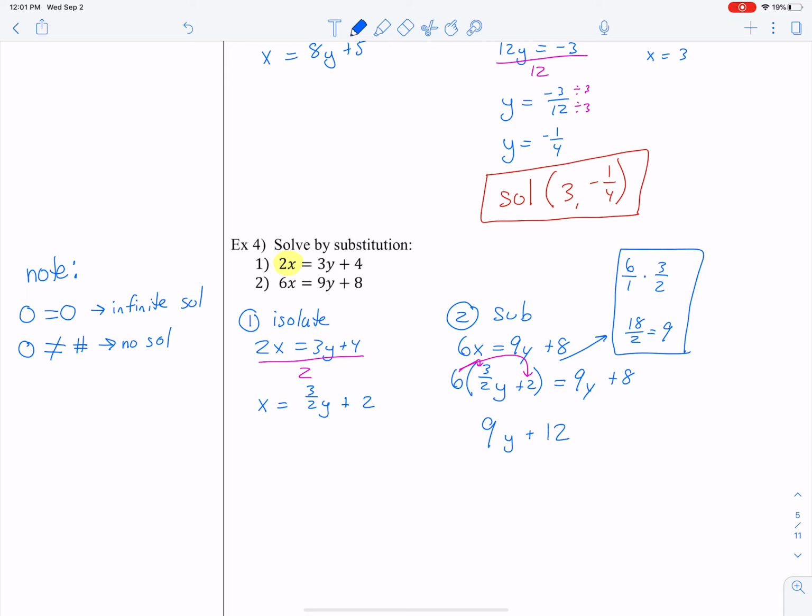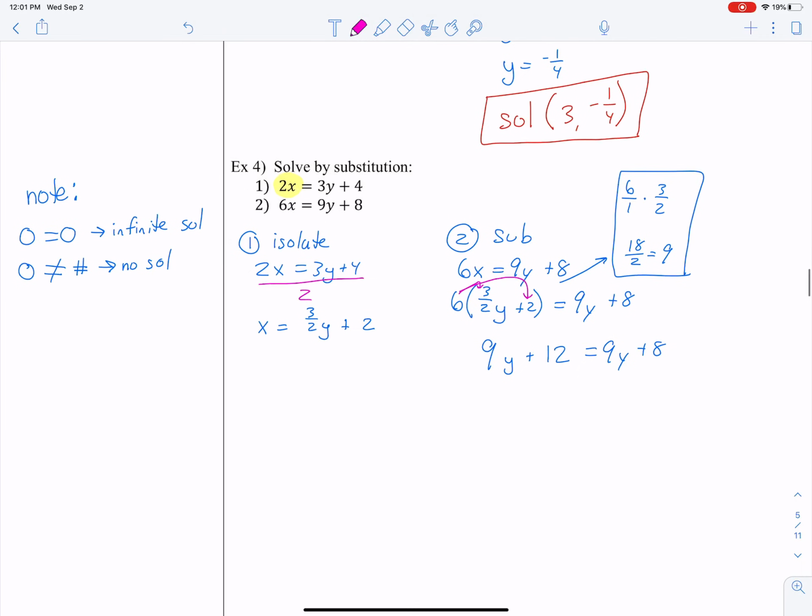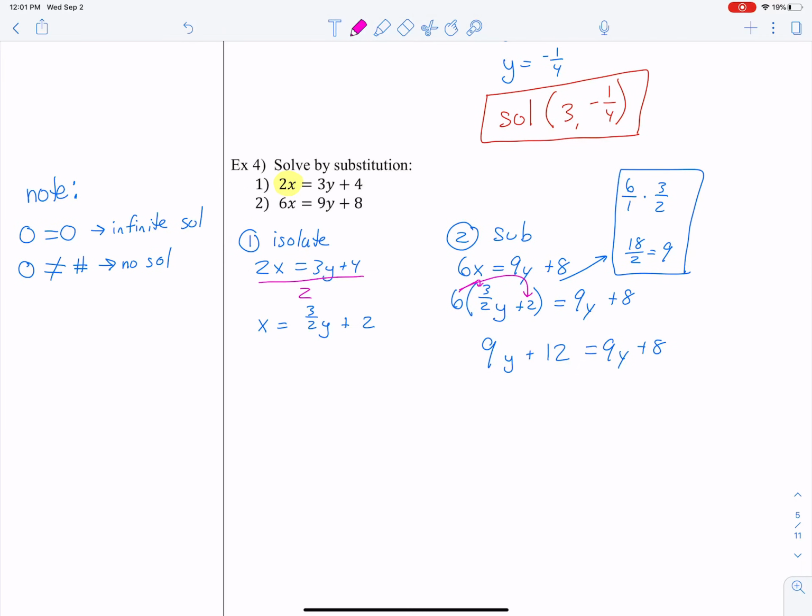So I have 9y plus 12 is equal to 9y plus 8. Okay. So the next thing I need to do is I need all my y's on the left, all my numbers on the right. So I'm going to need to move this 9y over. Okay. So I'm going to subtract 9y from both sides.